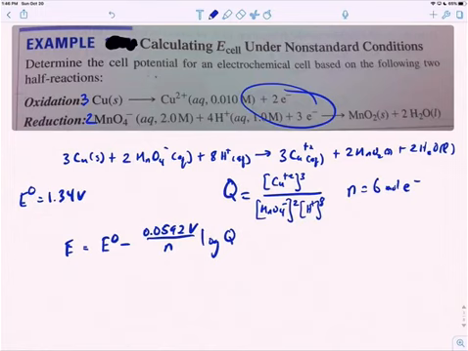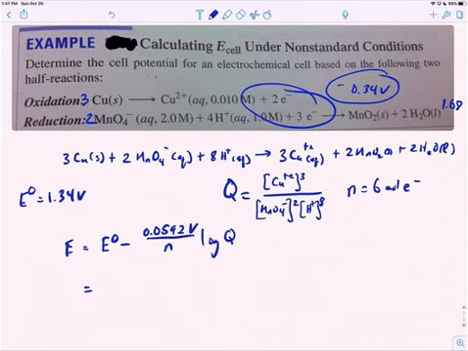This one here is 0.34 volts, and this one is 1.68, based off of the reduction potentials. So because of that, this one becomes negative, and you have 1.68 minus 0.34, and you get 1.34.